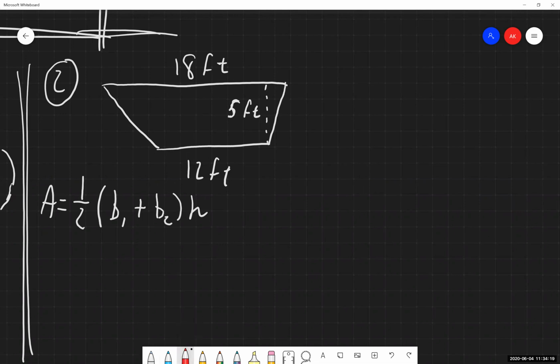So our two bases, 18 feet and 12 feet. So we can plug those in. Stay consistent, doing blue.